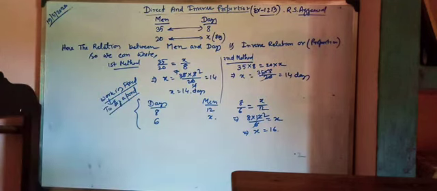Next, question number 6. A car takes 5 hours to reach a destination by traveling at a speed of 60 km per hour. How long will it take to travel at 75 km per hour? Okay.